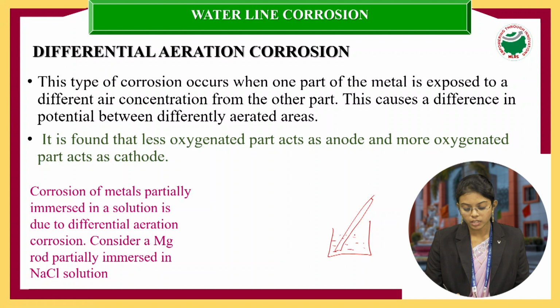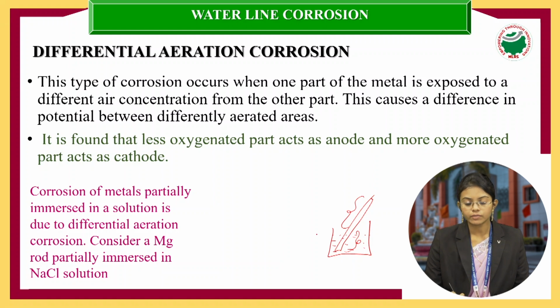If you observe the metal rod, half of the metal rod is dipped in the electrolyte solution and the other half is exposed to the environment or the atmospheric gases. So we have two parts in this metal rod: one is in contact with the water or the electrolyte and the other part of the rod is not in contact with the water.